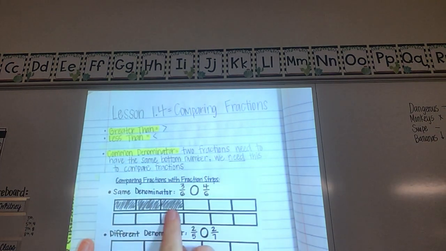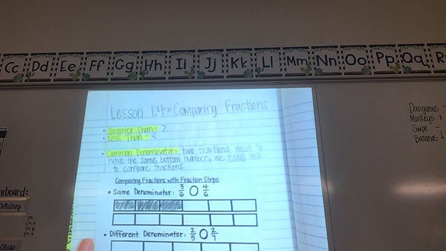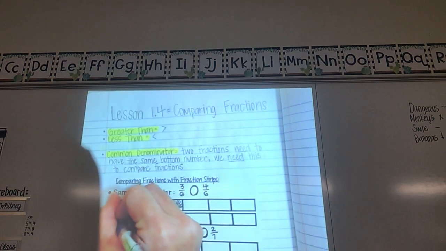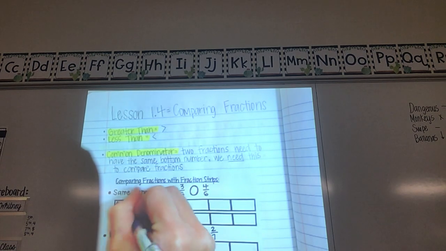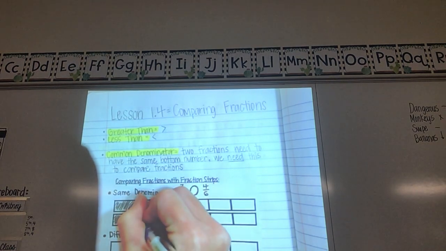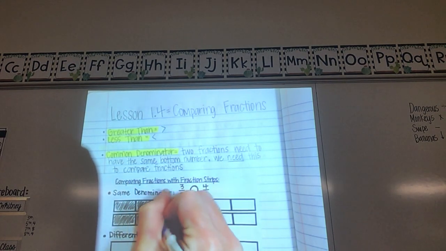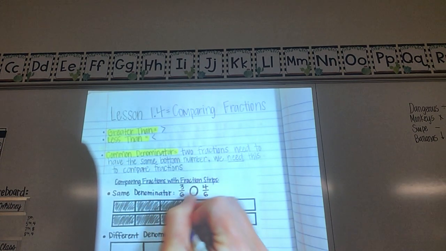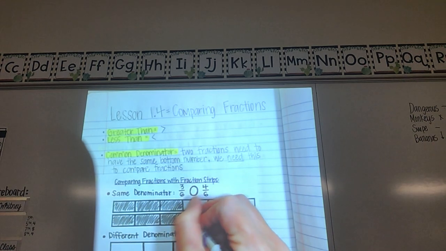I just shaded in 3 out of the 6 pieces. My other fraction is 4/6. So I'm going to shade in 4 out of the 6 pieces so that we can easily see which one is bigger. There's 2 of them, there's 3 of them, and there's 4.